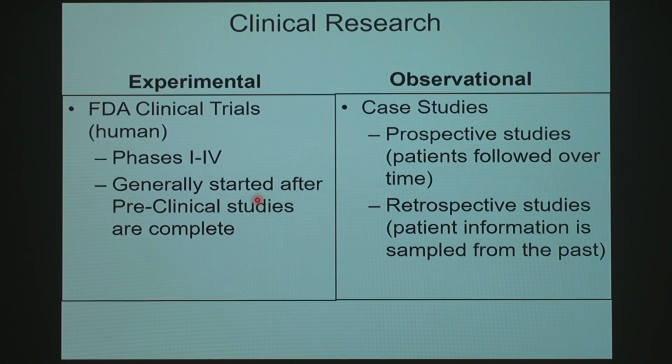So in terms of the clinical research arm, again, I talked about the interventional and observational. Observational, there are prospective and retrospective studies. So prospective, again, observational, no intervention, no manipulation of variables by the researcher.